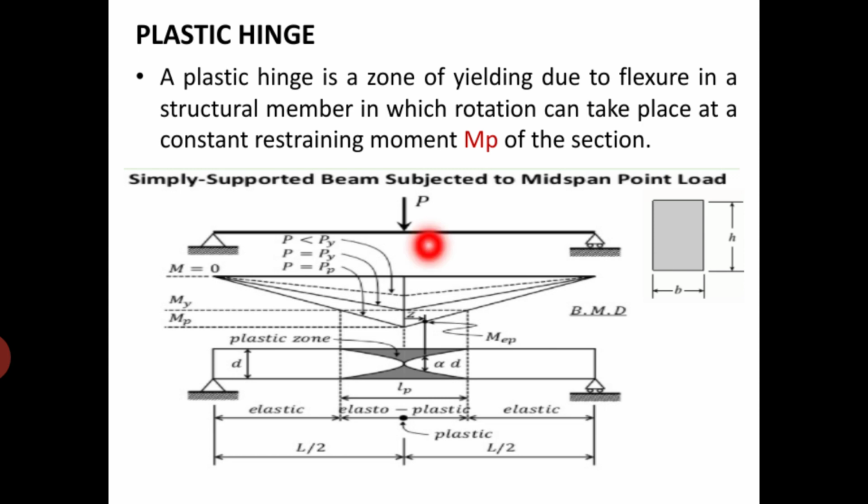This is the zone of plastic hinge formation, here it is shown. Again I am repeating, it is a yielding zone with significant inelastic rotation which forms in a member when the plastic moment capacity is reached at a section. This also we have discussed in a previous lecture.